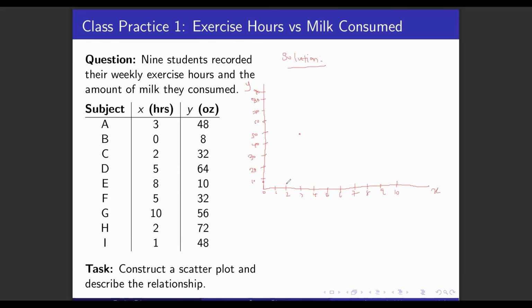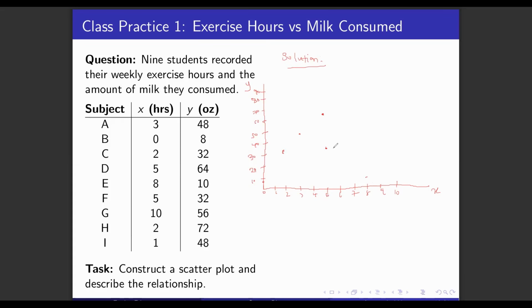Student C, 2 hours and drank 32 ounces of milk. Student D, 5 hours and drank 64. Student E, 8 hours and drank 10 ounces of milk. Student F, 5 hours, and drank 32 ounces of milk.